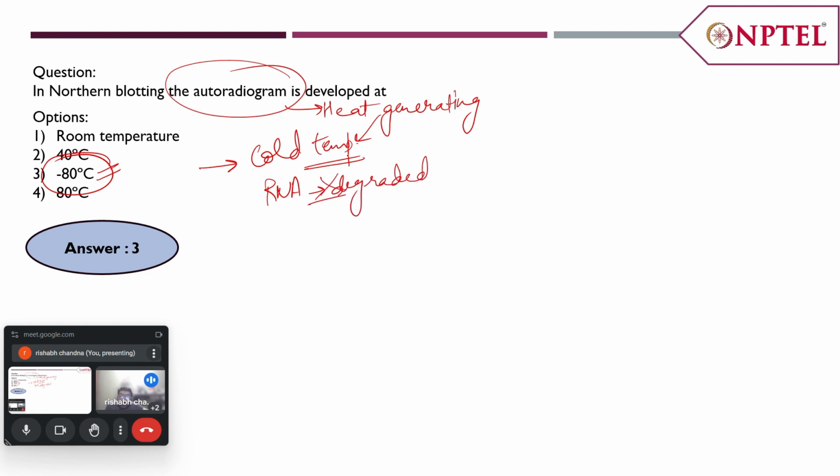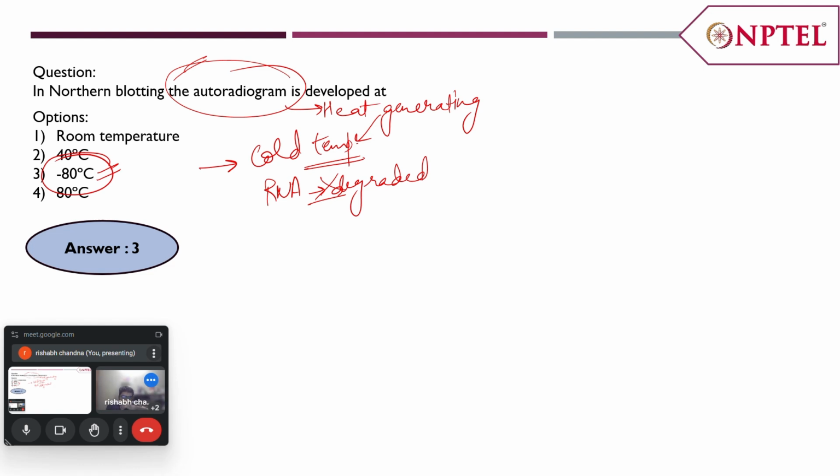RNA is really fragile; even in normal isolation in the lab, sometimes it gets degraded without any reason, and we will not be able to deduce why it happened. So to prevent all this, the autoradiogram is generated at a very low temperature, minus 80 degrees.